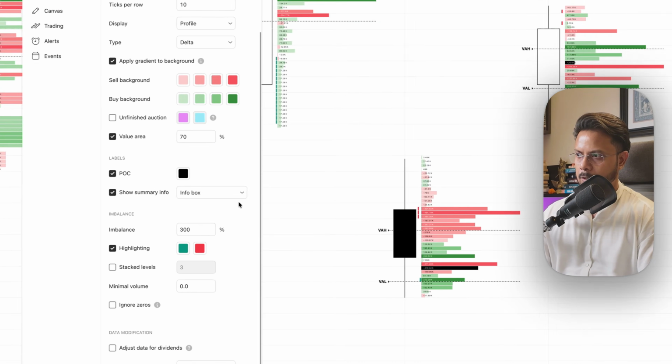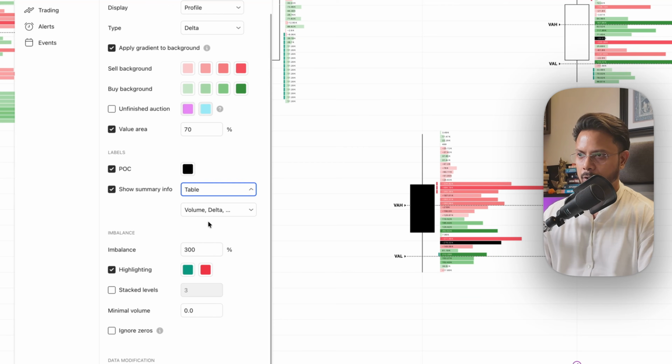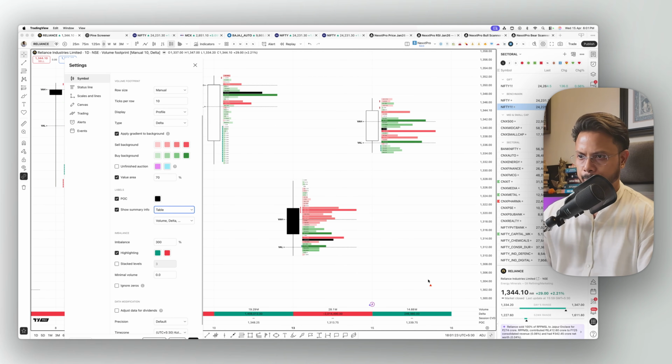Below that is show summary info, which is that box or table that you saw. You can click on it and the data information will come down here. It's your choice. I'll keep the data as a table down here, which will give me total volumes and delta.